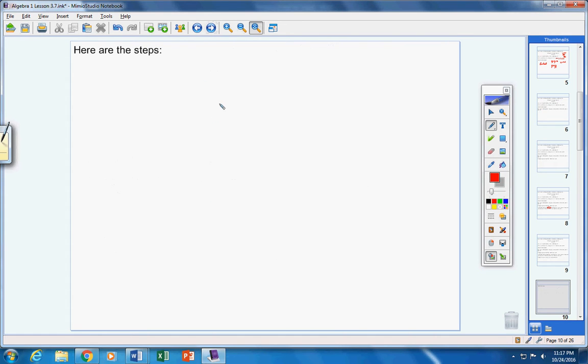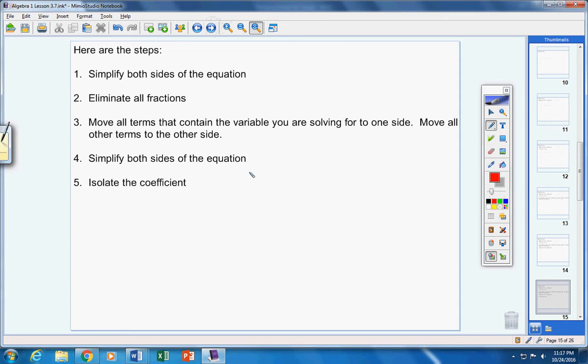Here we go. Here are the steps. I'm going to go through them quickly, and then you can catch up and copy them down, okay? Step 1, I want you to simplify both sides of the equation. Step 2, eliminate all fractions. Now here's where it gets a little different. Step 3, and I'll explain what this means later, so right now just copy it down. Move all terms, keyword, that contain the variable you are solving for to one side.